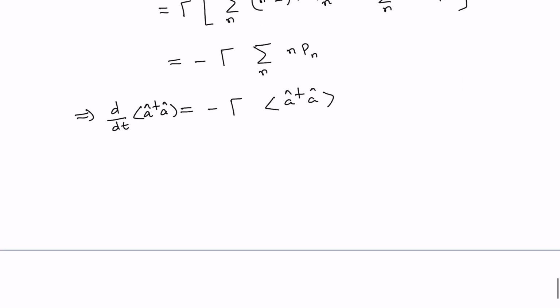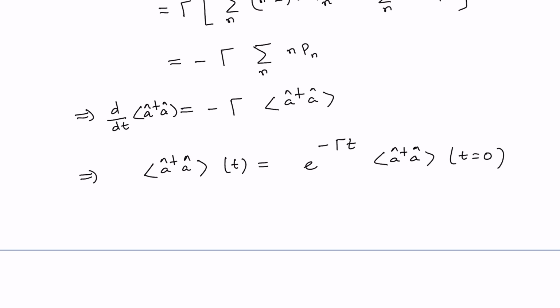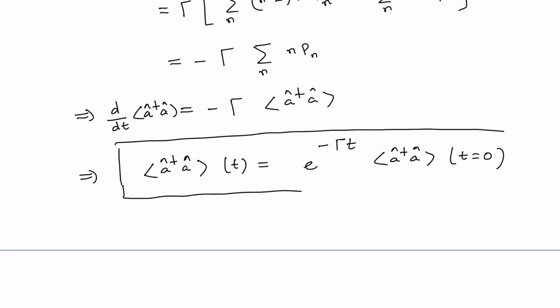Now you can immediately write the solution of this equation. The expectation of a† a at time t is going to be equal to e to the power minus gamma t times the expectation of a† a at time t equal to 0. So this shows that the number of quanta decays exponentially with time, and the rate of decay is gamma.